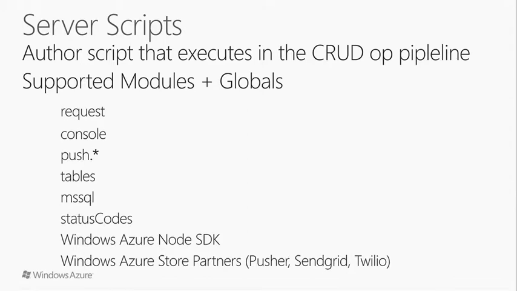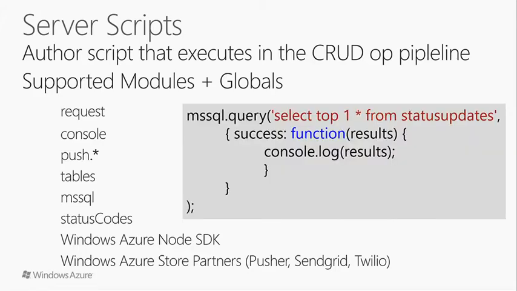MS SQL is more of if you want to write a query. So if you want to write a stored procedure, say, actually I got a sample here. MS SQL, we won't see this today, but I thought I'd drop it in so you can see at least what it would look like. But basically you can write raw SQL against your tables if you want to, but it's not really necessary for most applications.